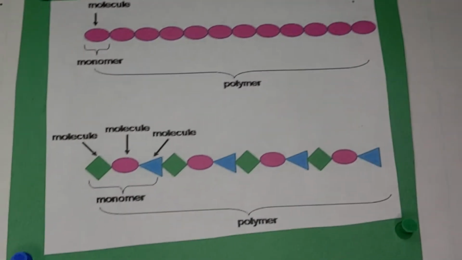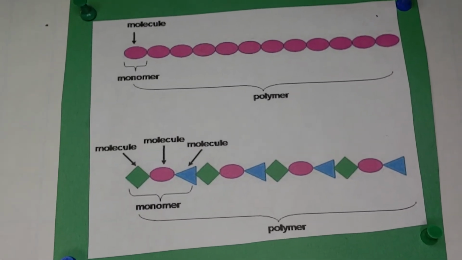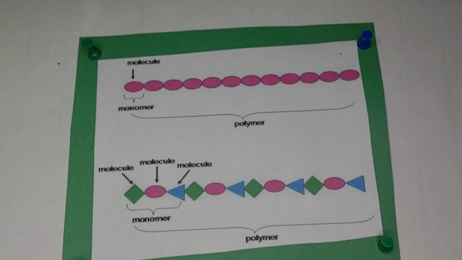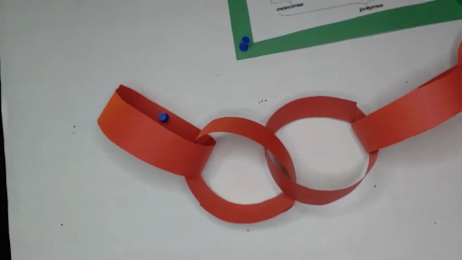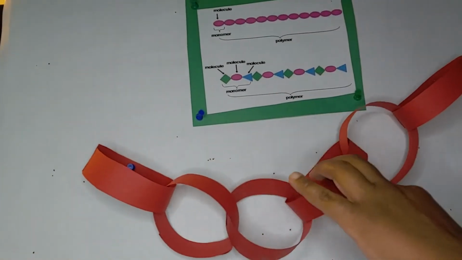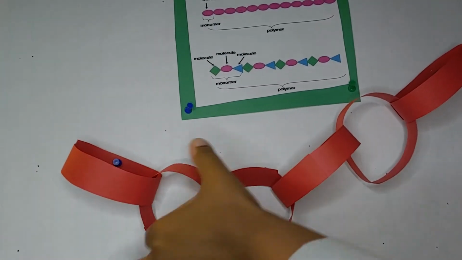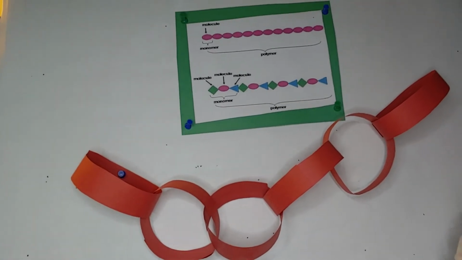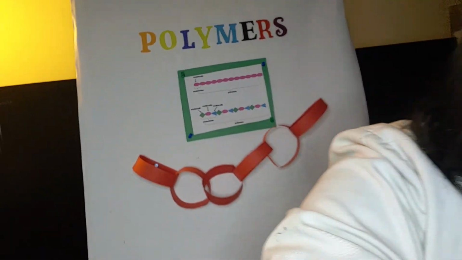Once you have several monomers attaching, you end up with the longer strand called a polymer. You can also think of polymers as like a link or building block. I have this construction paper link here that symbolizes the monomers linking together, creating a longer polymer strand.